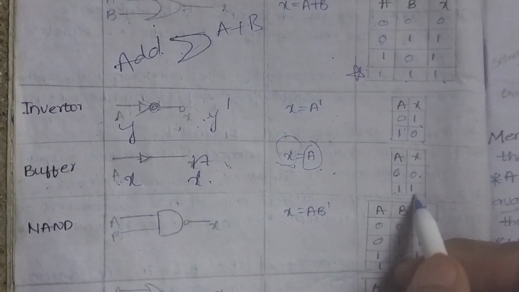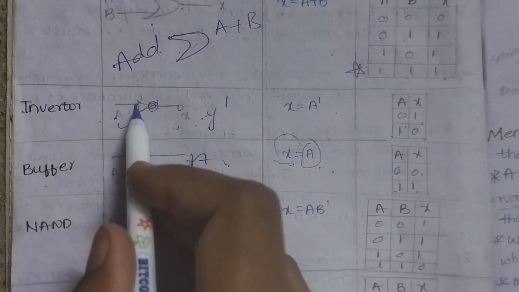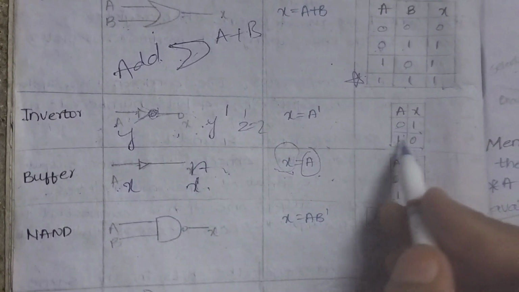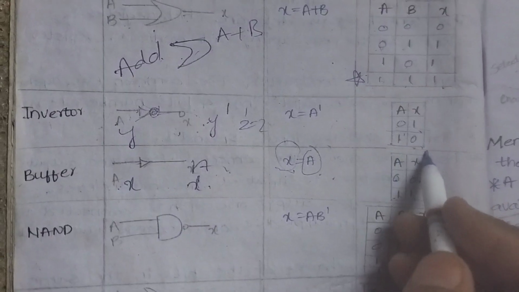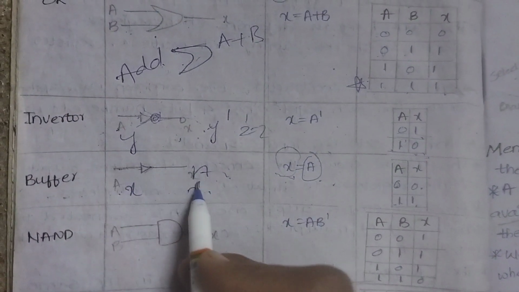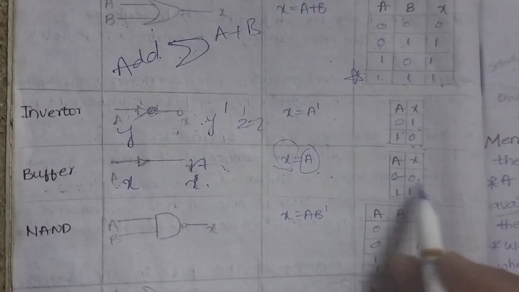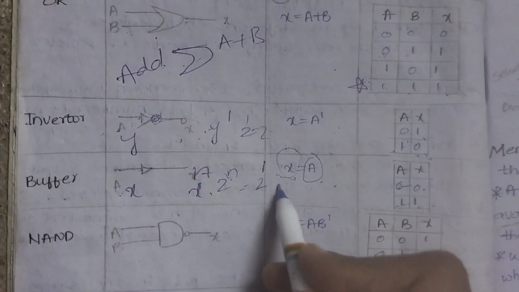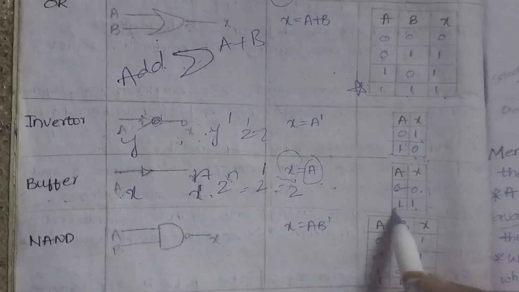When we give 1, it will produce 1. With 1 input, 2 power 1 is 2, so we will get 2 values. Here n is the input value 1, so we get 2 values: 0, 0 and 1, 1.